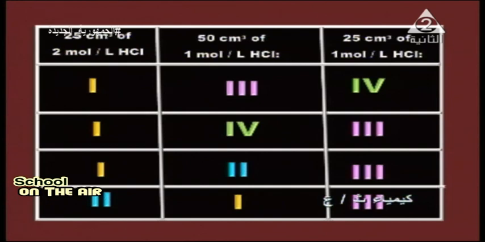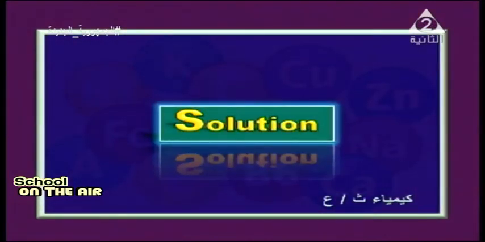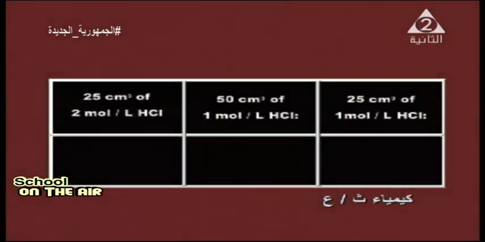So if you look at the number of moles of hydrochloric acid added in each graph, graph 1 and 2 for the volume of carbon dioxide produced are the same, while graph number 3 produces a smaller volume of carbon dioxide gas as it has a smaller number of moles of HCl.